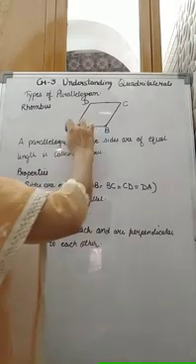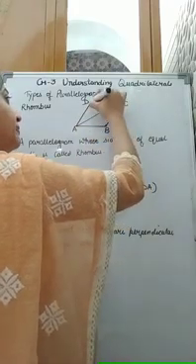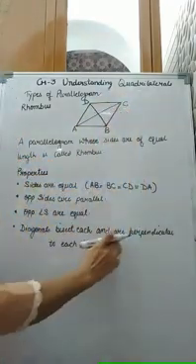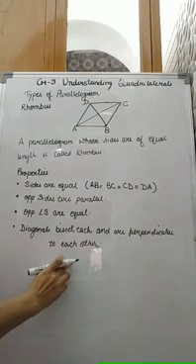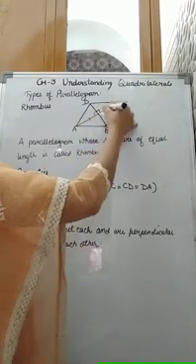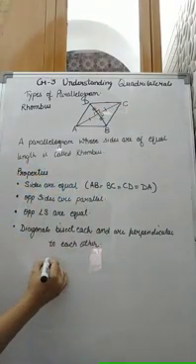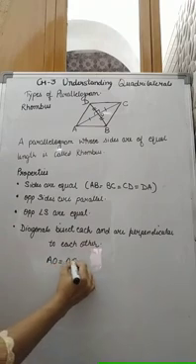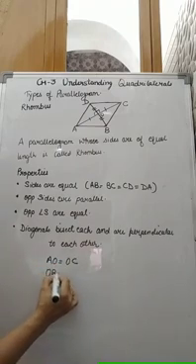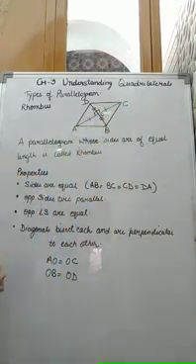Next, diagonals AC and BD bisect each other and they are perpendicular to each other. That means they form 90 degrees here and they are equally dividing each other. Like you can say AO is equal to OC and OB is equal to OD, and here at the center they are making 90 degrees with each other.